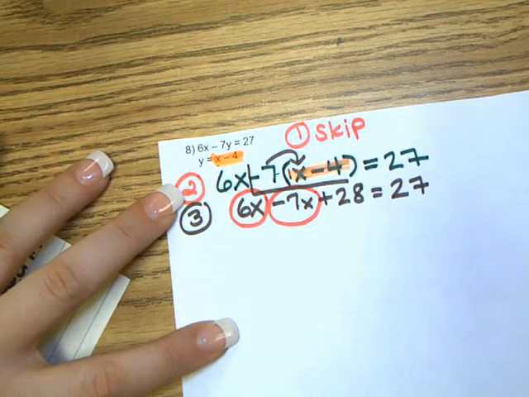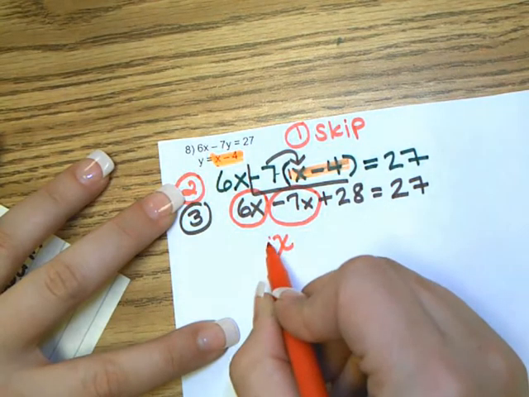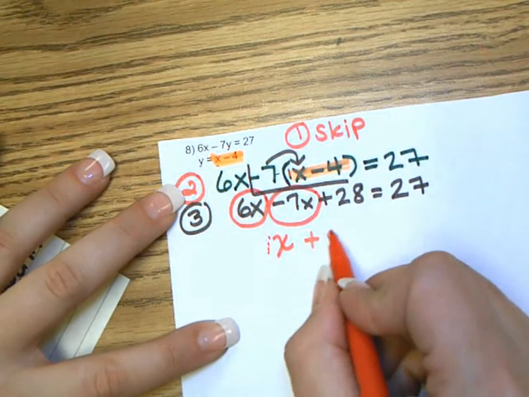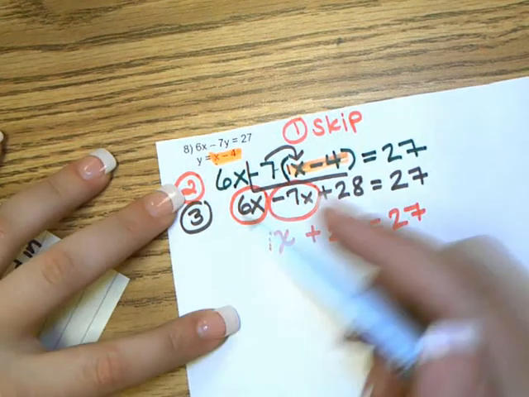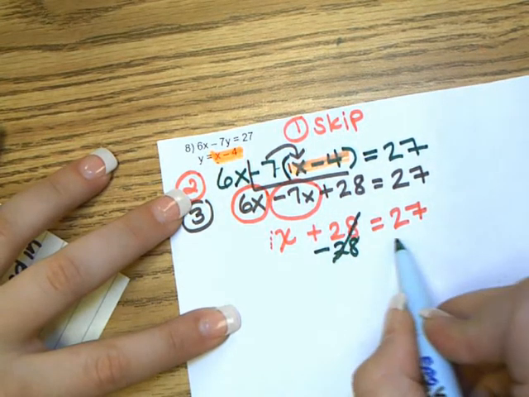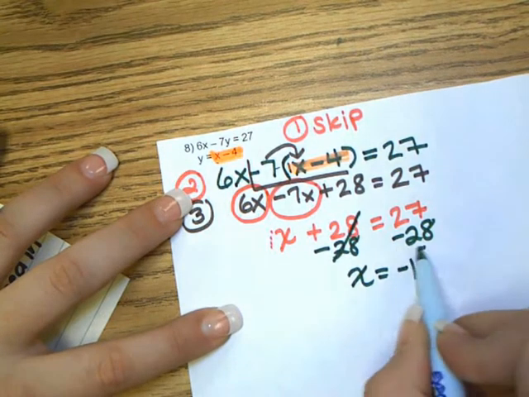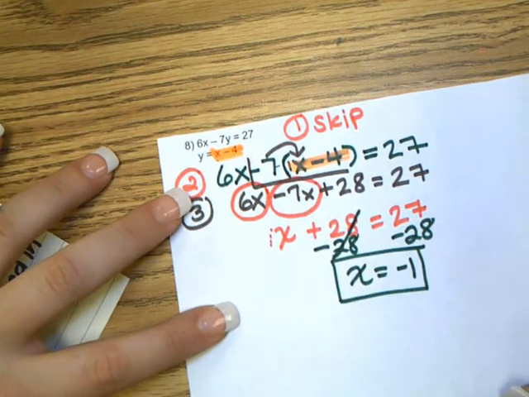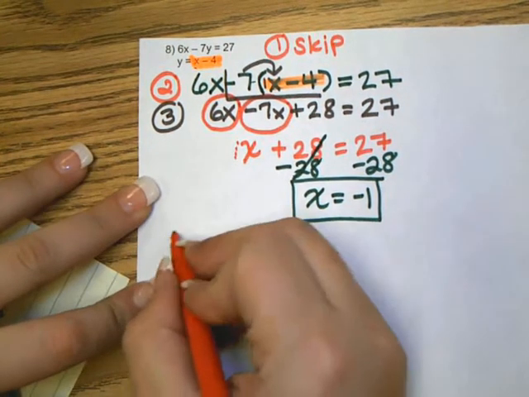All that I'm doing right now from this point forward is all from chapter 2, solving equations. So 6x minus 7x is 1x. And then we're going to subtract 28. And we get that x equals negative 1. So we found our first value.